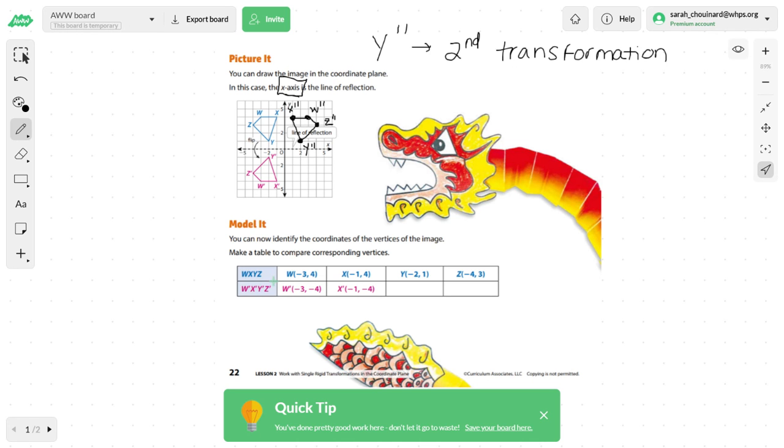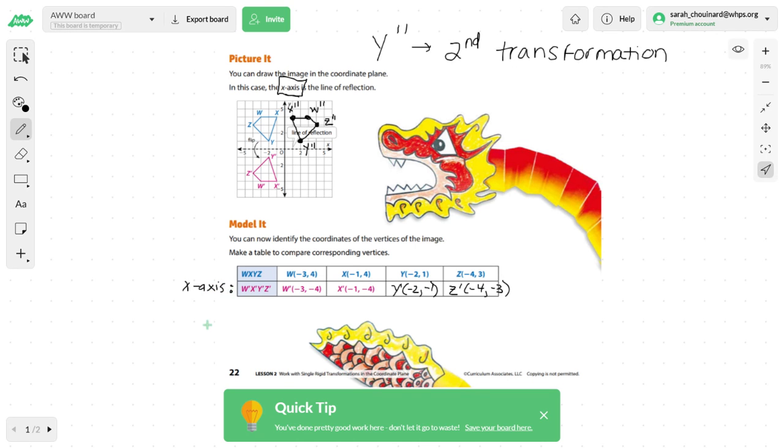Okay, so let's fill out this table. So for the pink shape, w prime was -3, -4, x prime was -1, -4, y prime was -2, -1, z prime was -4, -3. So this was the one where I went over the x-axis.